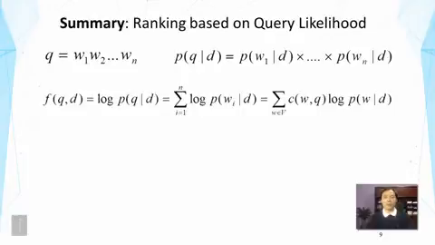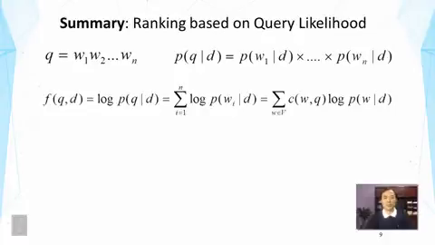Now, we actually often score the document for this query by using the log of the query likelihood, as shown on the second line. Now, we do this to avoid having a lot of small probabilities being multiplied together. And this could cause underflow, and we might lose precision.